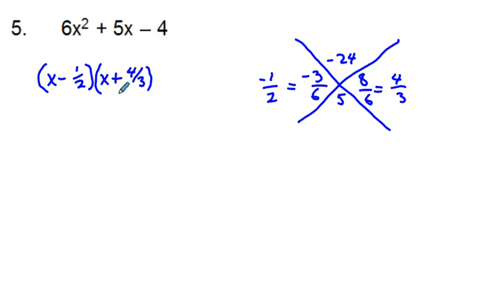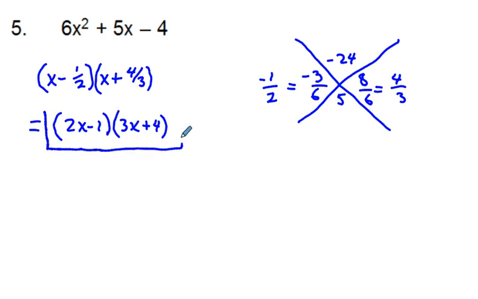And so using bottoms up, we have 2x minus 1 times quantity 3x plus 4. And then we have, yes, negative 3x plus 8x. Yeah, that's going to check out. This is our correct answer.